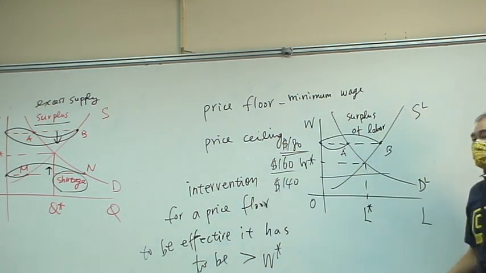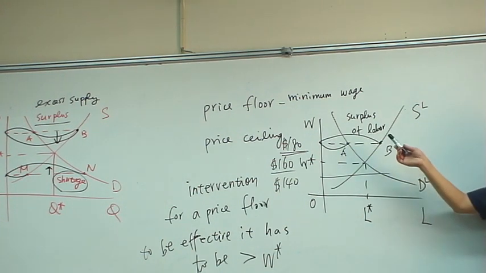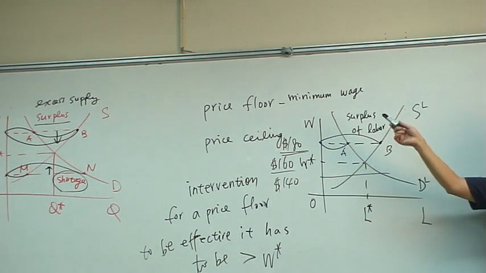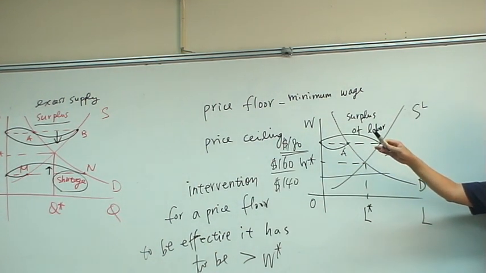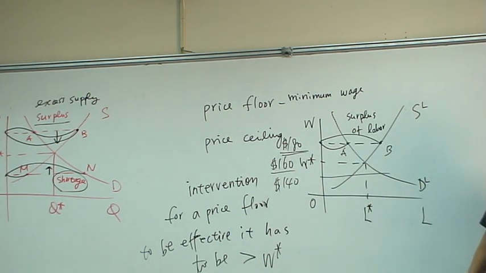The reason is that when the price goes up, more people want to work. But when the price goes up, the boss wants to hire fewer people, not more, because the labor is just too expensive. So this is one example of the price floor.